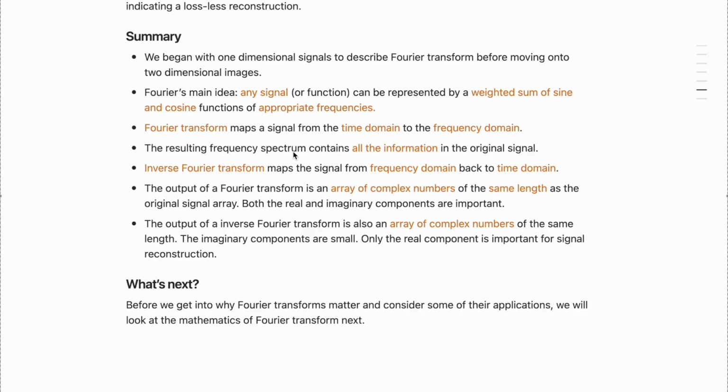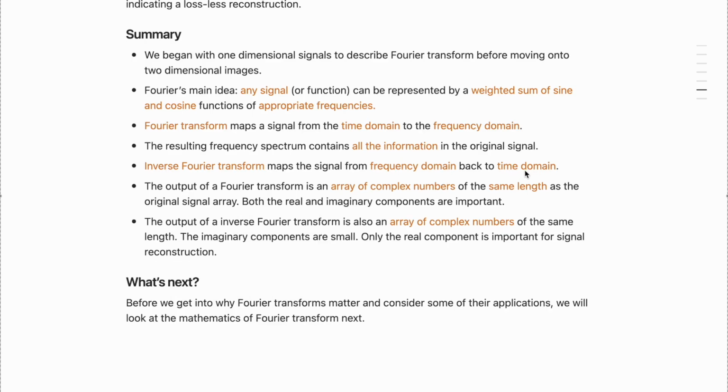The resulting frequency spectrum contains all of the information in the original signal, and that's super important. And because of this property, we can use the inverse Fourier transform to map the signal back from the frequency domain to the time domain and reconstruct our original signal.